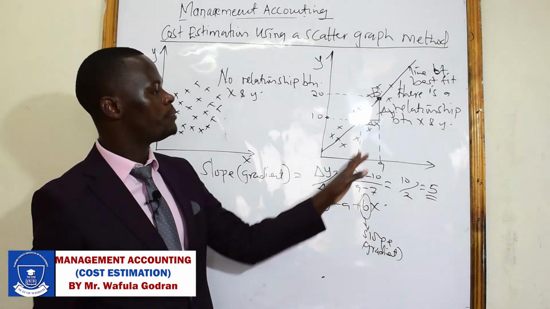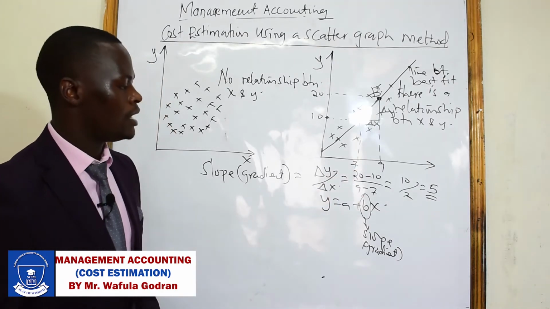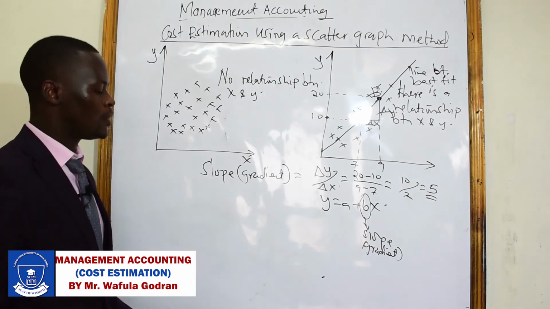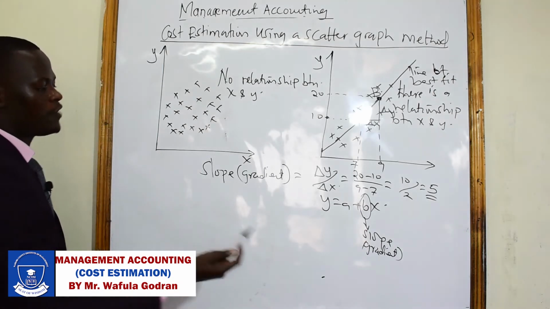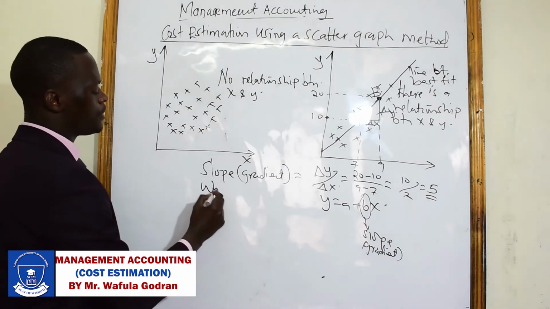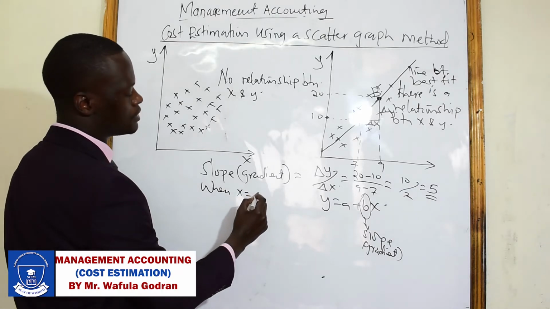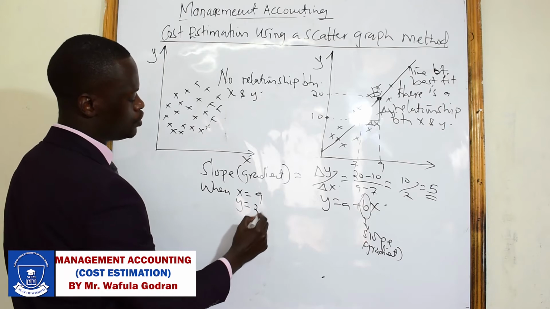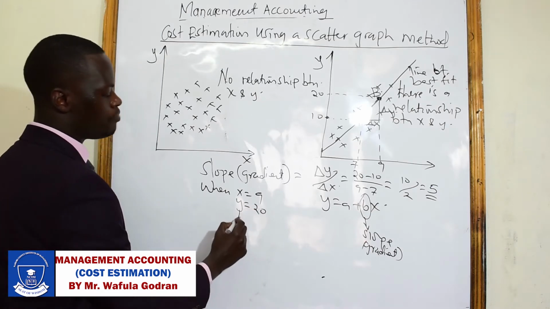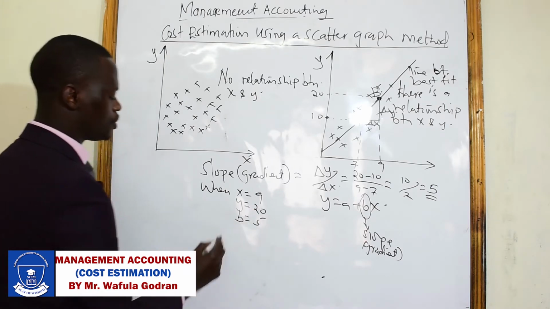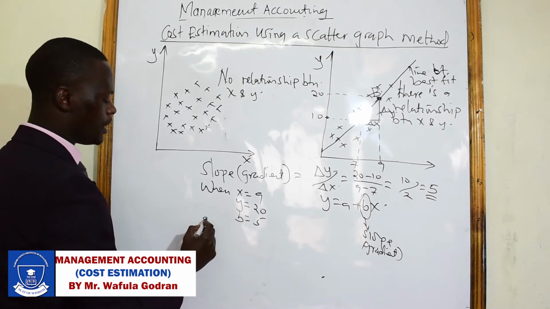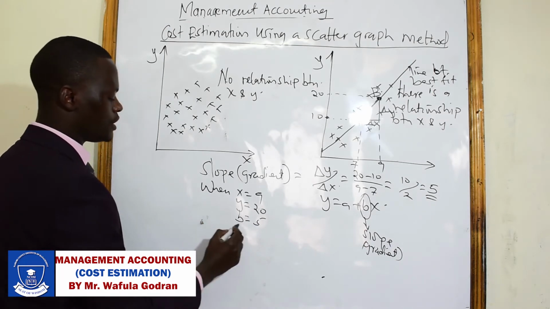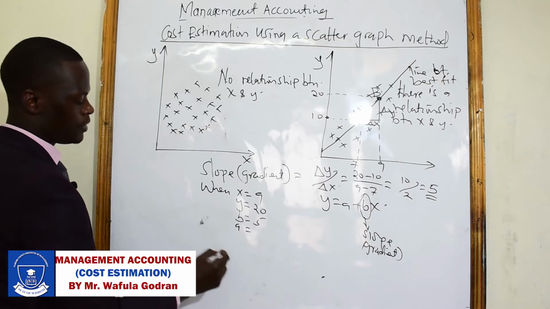Once you know how to obtain the gradient, we can easily use it to predict. For example, let's say when x is 9 and y is 20, and we know b is 5. The equation will be, first of all, we get A, and A will be the fixed cost.